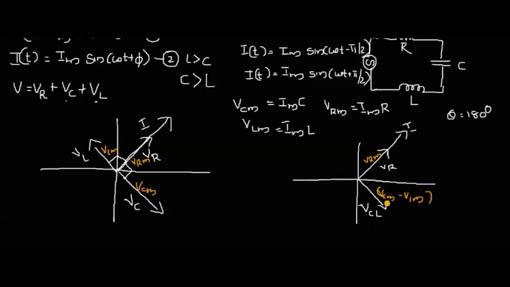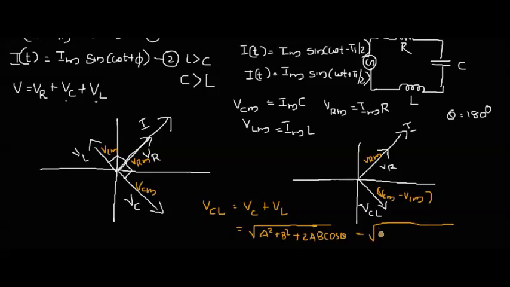The magnitude of VCL is VCM minus VLM. What is VCL? VCL is the vector sum of VC and VL. When we are adding these 2 vectors, we apply the equation root of a square plus b square plus 2ab cos theta. Instead of a we substitute the magnitude of VC, and the magnitude of the phasor VC is VCM.